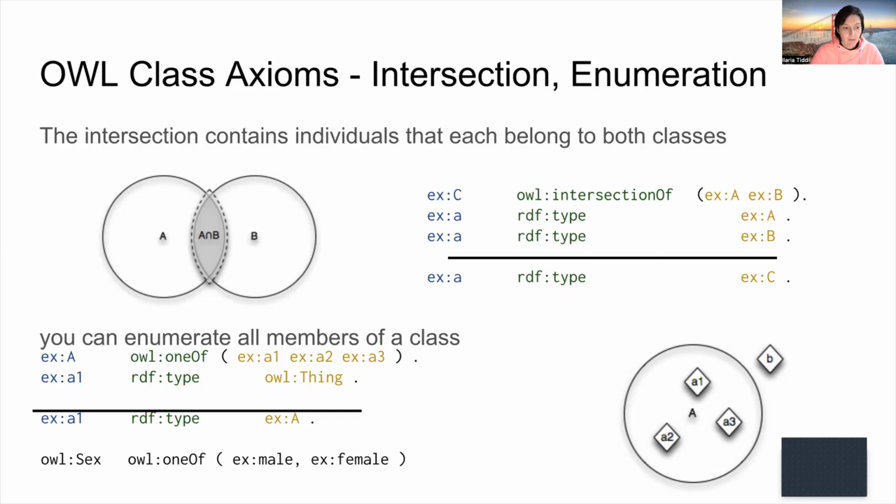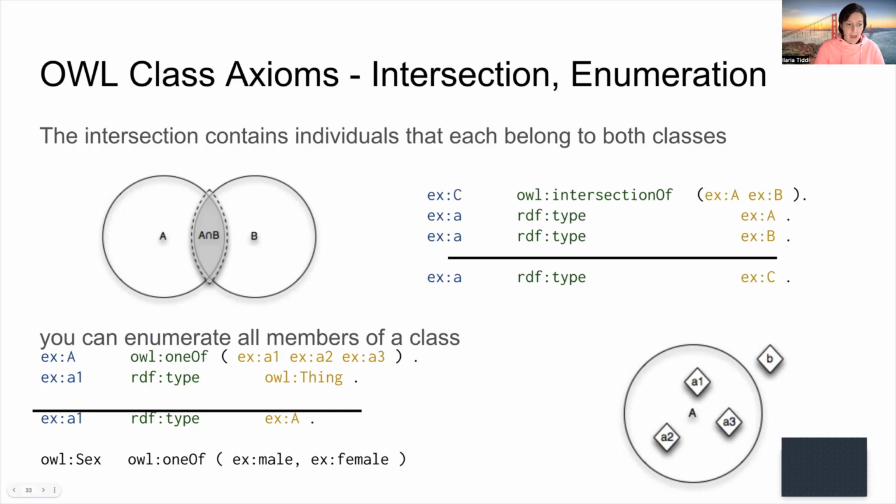If I'm describing a Formula 1 world, for example, I might want to specify who are all the Formula 1 pilots. So A is a Formula 1 pilot, and then I say a Formula 1 pilot is one of the following members, and then it can say Max Verstappen or Lewis Hamilton and so on and so forth.